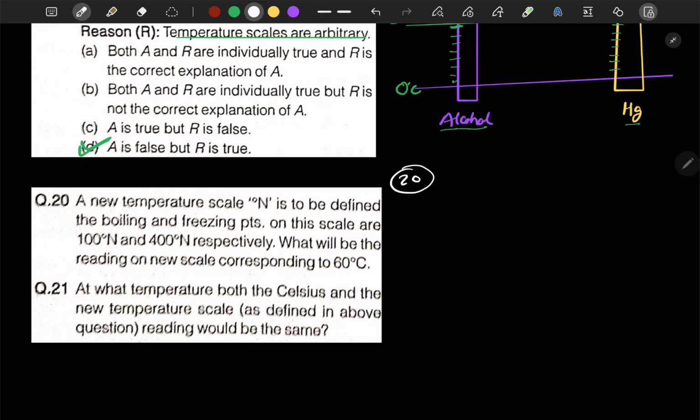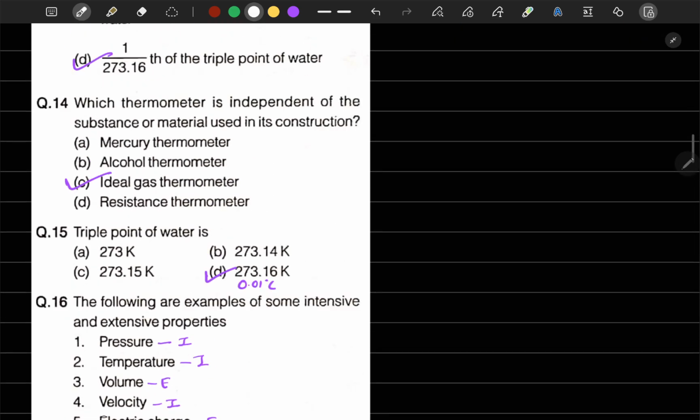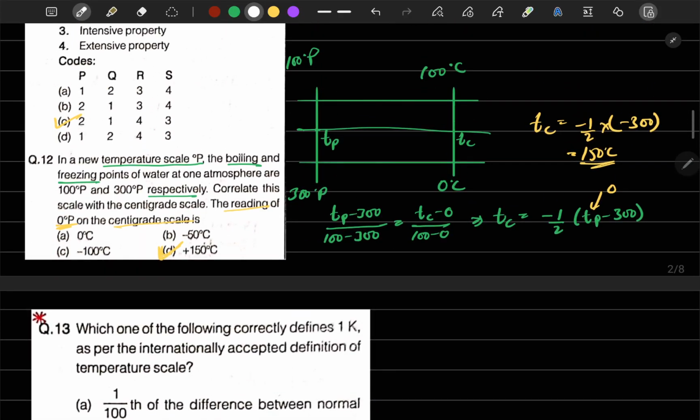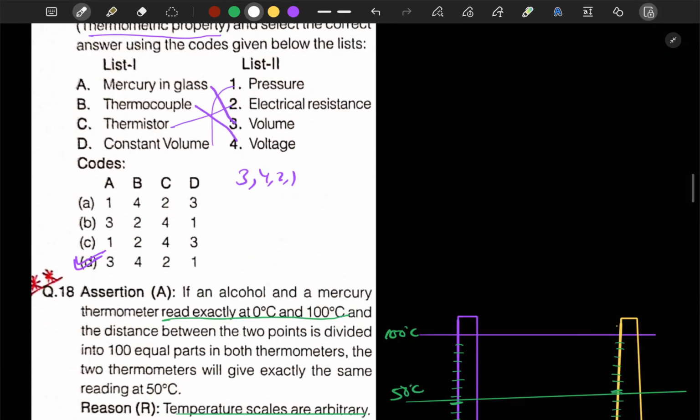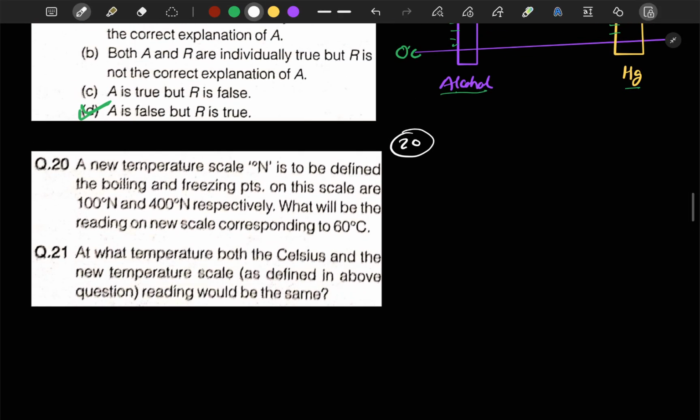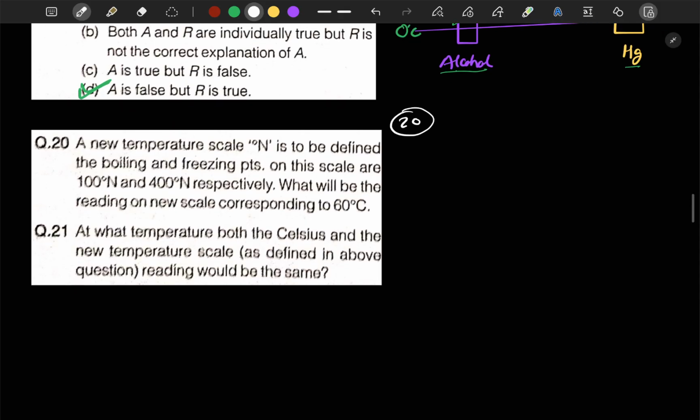Question number 20 says a new temperature scale, degree N, is to be defined. The boiling and freezing points on the scale are 100 degree Newton and 400 degree Newton respectively. What will be the reading on the scale corresponding to 60 degrees Celsius? Similarly to the previous question, we will proceed like this.